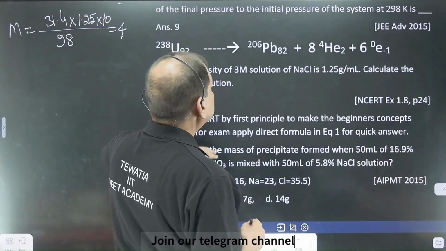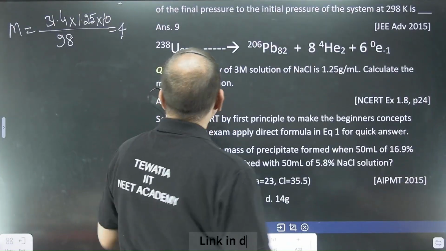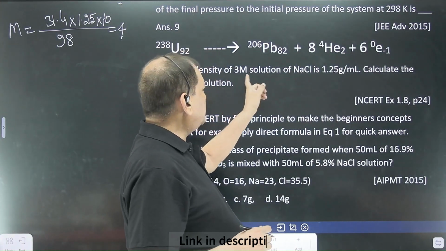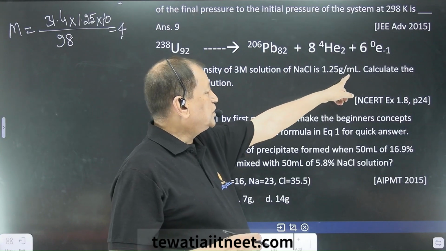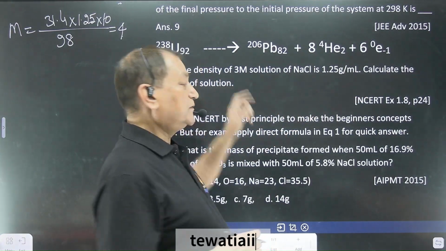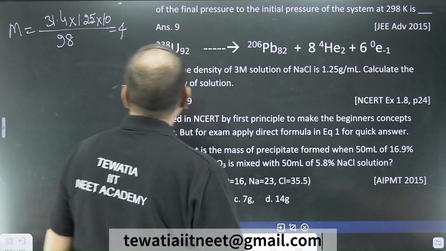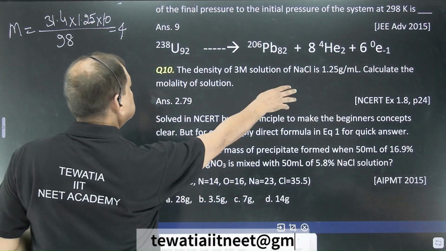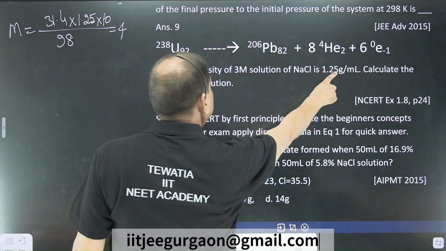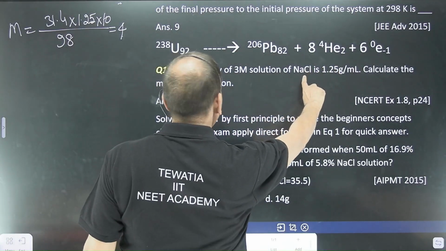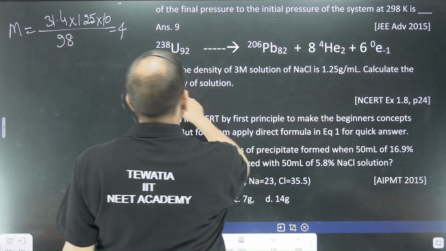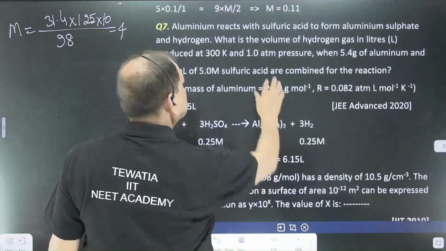This is from NCERT. The density of 3m solution of NaCl is 1.2 gram per milliliter. Calculate the molality of the solution. So in this, density and molarity are given, NaCl molecular weight we know, and small m we have to calculate.